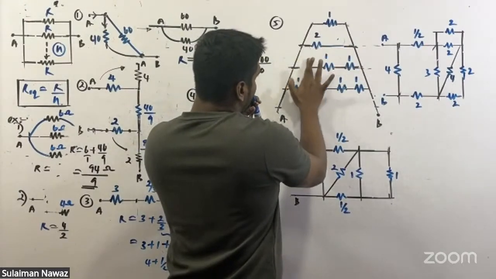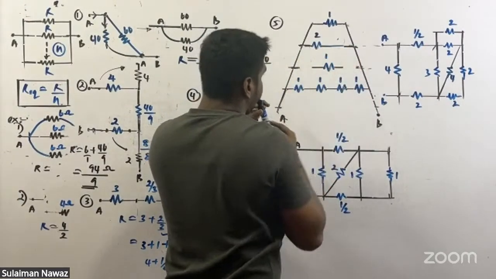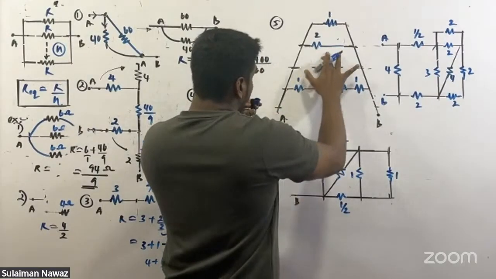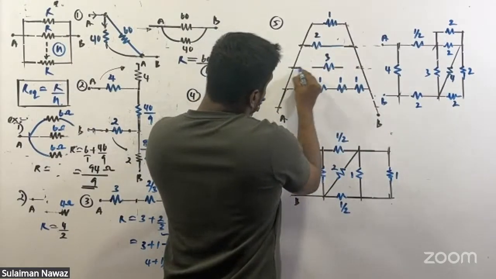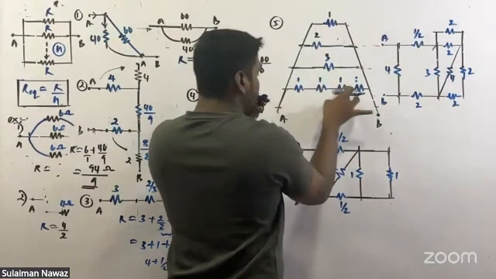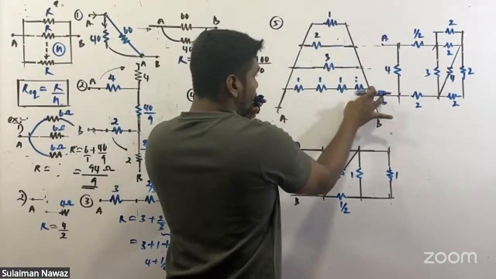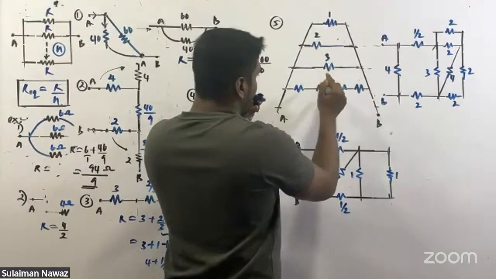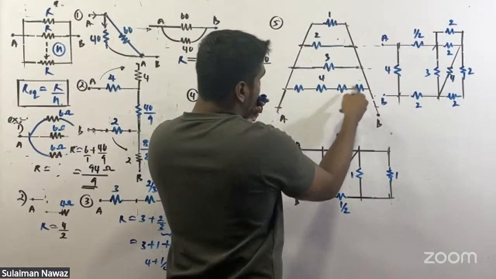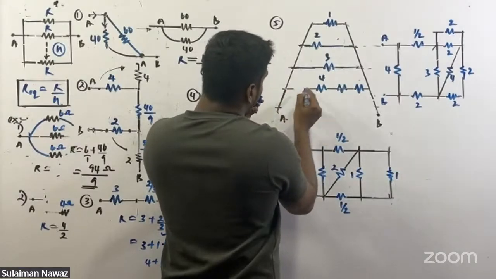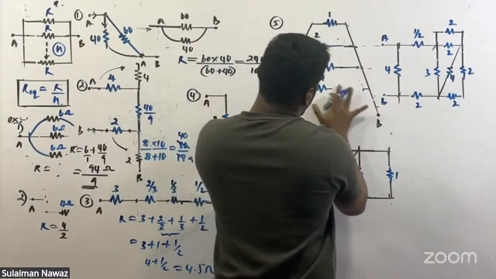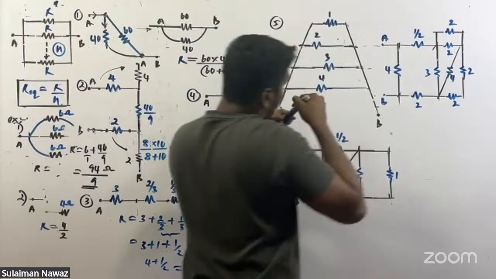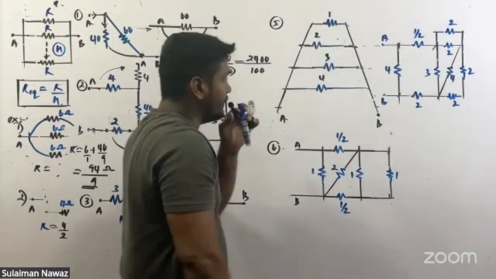And when you consider these 4 resistors between these 2 points, these 4 are in series. Equivalent going to be 4 ohms. 1 plus 1 plus 1 plus 1. Very simple. Finally, we are getting something.